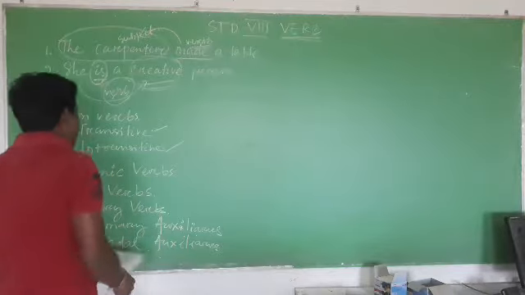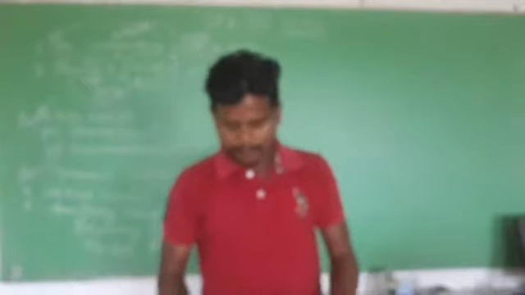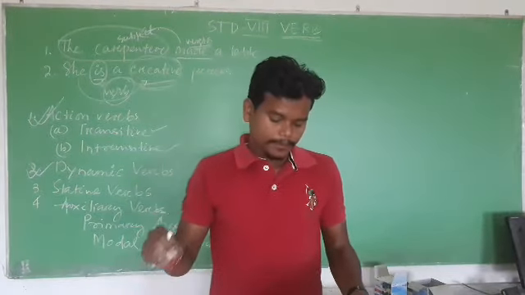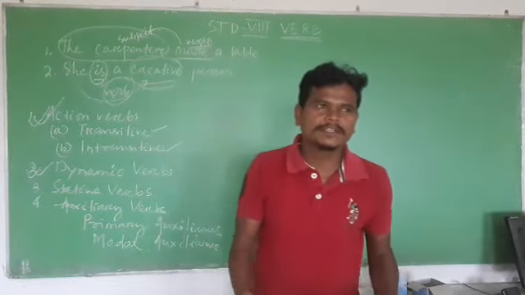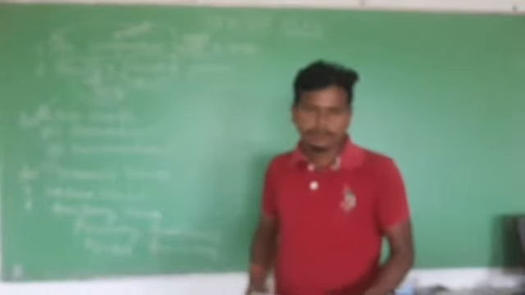About this I am talking. It shows the continued and progressive action on the part of the subject, or they can also be used in the simple form or continuous form.